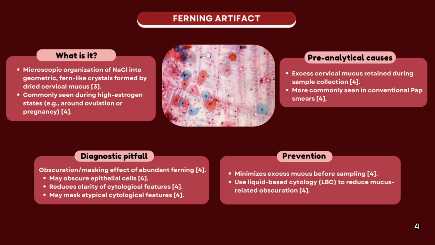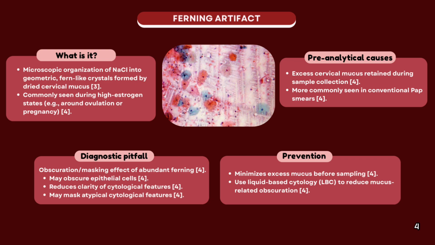Next is Ferning artifact. Ferning is a microscopic organization of sodium chloride into geometric fern-like crystals formed by dried cervical mucus. It is commonly seen during high estrogen state such as around ovulation or pregnancy. It is more frequently seen in conventional pap smears because mucus is retained during preparation.